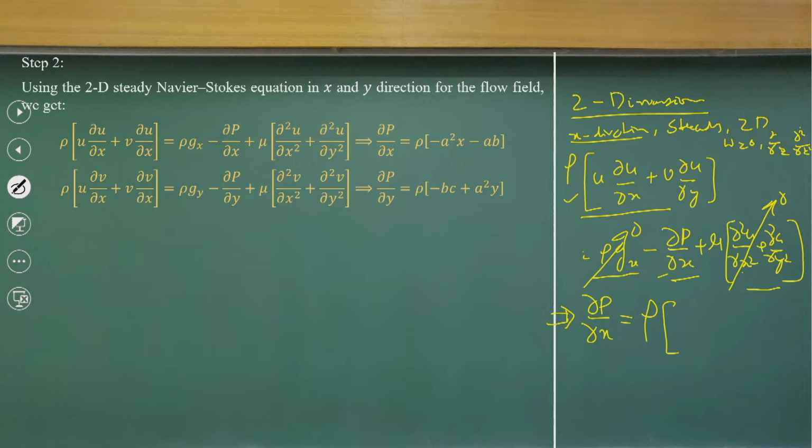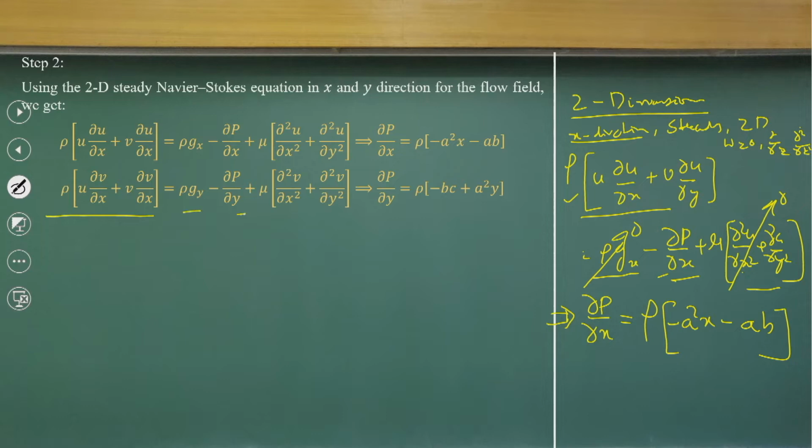As you take the partial derivatives multiplied with u, and partial derivatives with respect to y multiplied with v, we will get a square x minus a v.